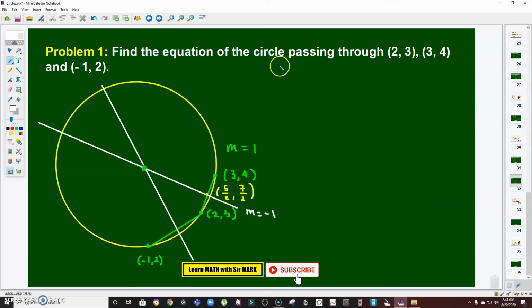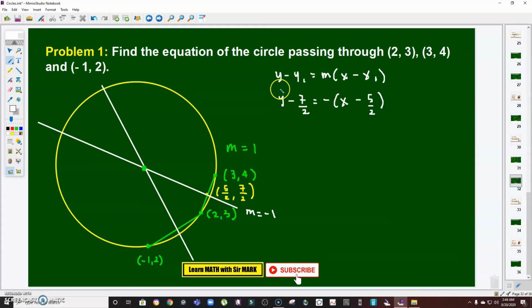So, since I have a point and I have a slope, I'm going to use this form, y minus y sub 1 equals m times x minus x sub 1. See that? So, that is y minus 7 halves equals, the slope is negative 1 times x minus the abscissa of your midpoint, or 5 halves.